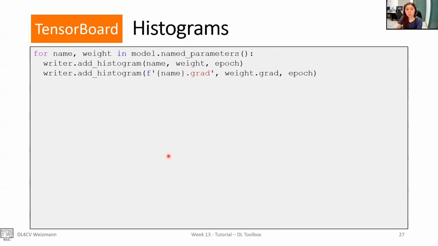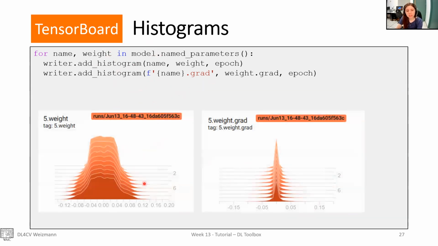Another cool feature that TensorBoard gives us is to plot histograms. One of the useful use cases of plotting histograms is to plot our weights and our gradients in the different layers in our models across training. We can do this pretty simply using this code snippet, and then we receive these histograms.